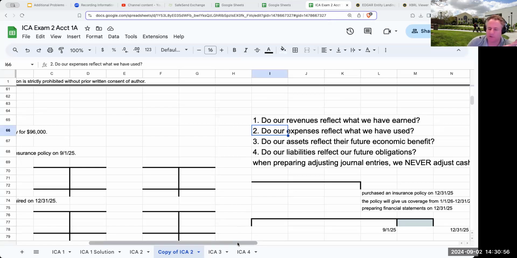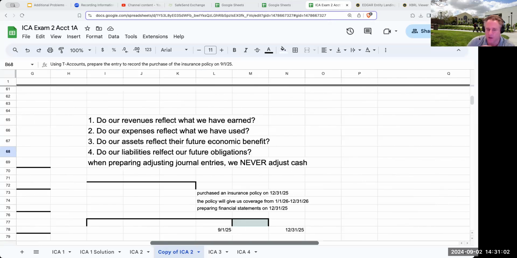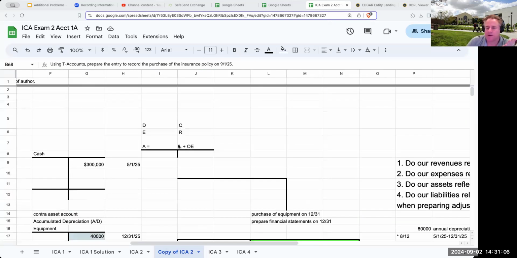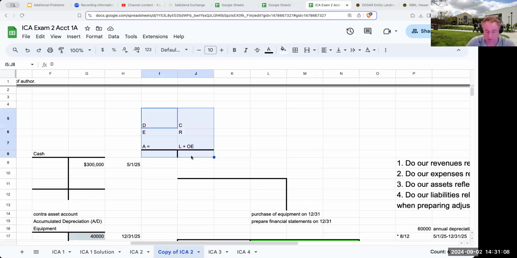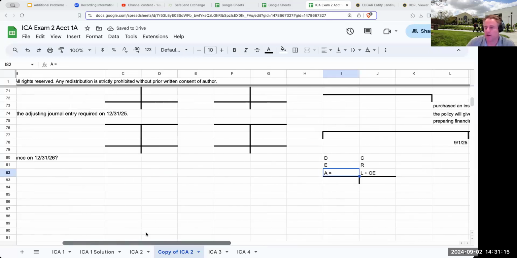But before we get there, let's do the easy part first. We bought an insurance policy for $96,000. As we've seen, assets equals liabilities plus owner's equity. So how do I record an asset? I do it with a debit. When I buy an insurance policy, my cash is going down.